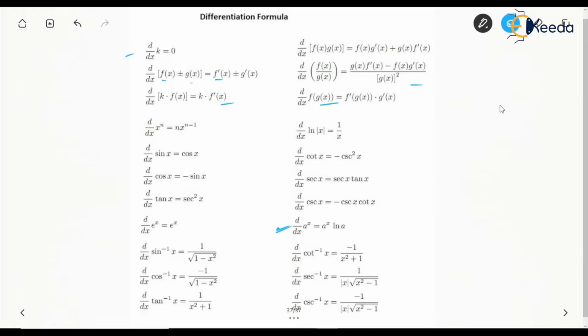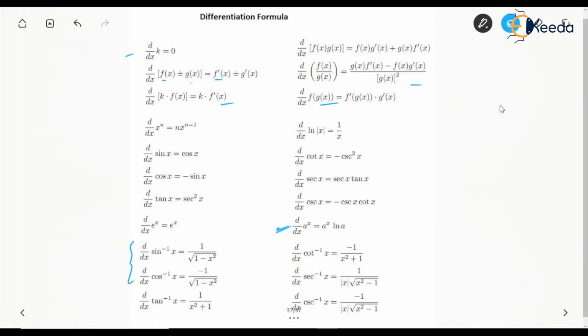The sine inverse and cos inverse, or arc sine and arc cos, differ by just a sign.